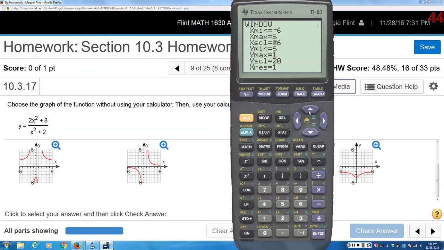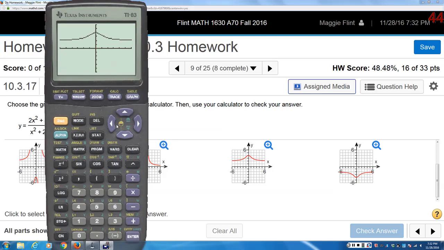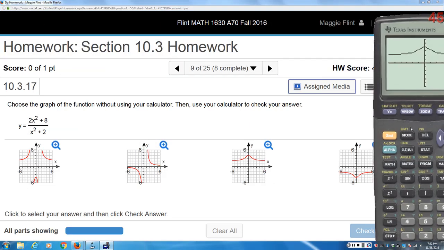So I'm going to set my window up to match what theirs looks like. And hit graph. And it doesn't take but a minute to see that that's the right graph.